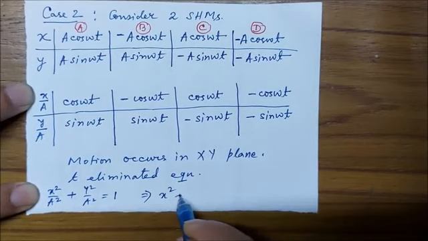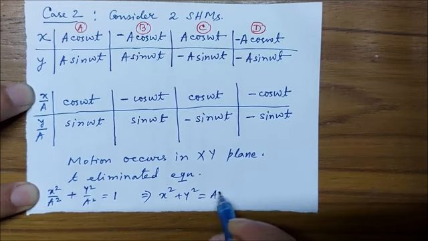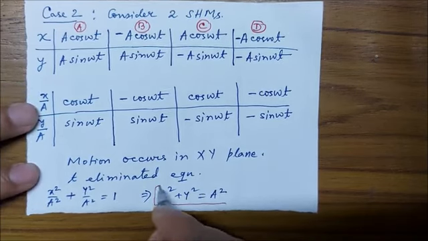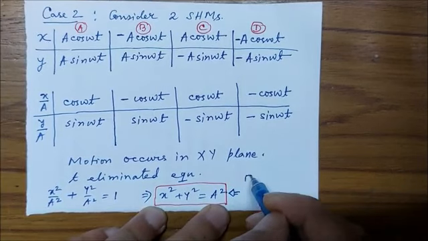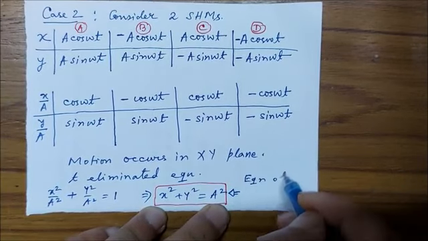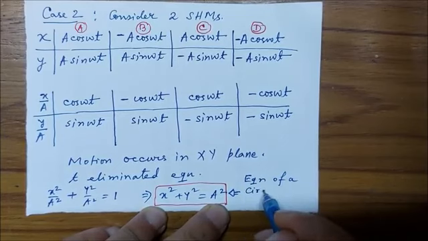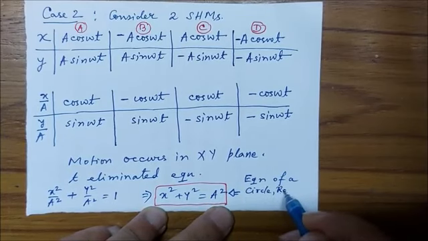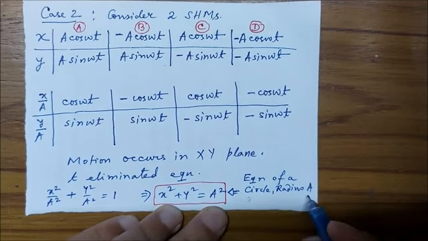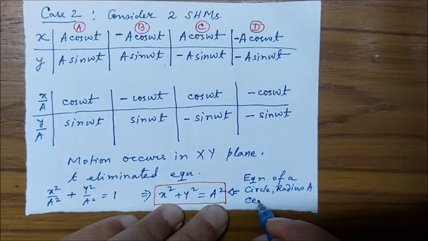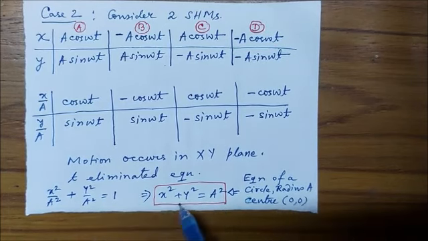Or in other words, we have x square plus y square equal to a square, which is obviously the equation of a circle. So this is the equation of a circle whose radius is a and whose center has coordinates 0, 0, because it is x minus 0 whole square and y minus 0 whole square.